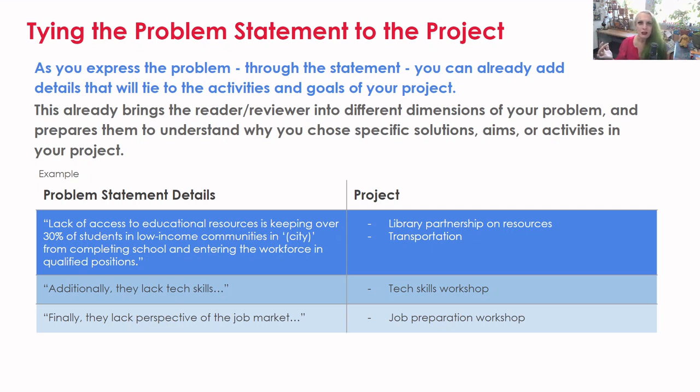You already have a partnership with the library where you have the space that you need. All you need is maybe some experts to come in and give this population some extra training. Might be easy, might fit well into the budget. Why not do it? It will make your project stronger. That's the kind of mindset around this process.